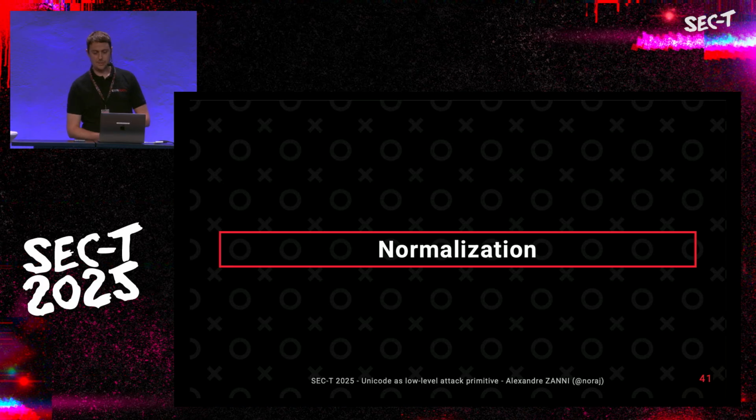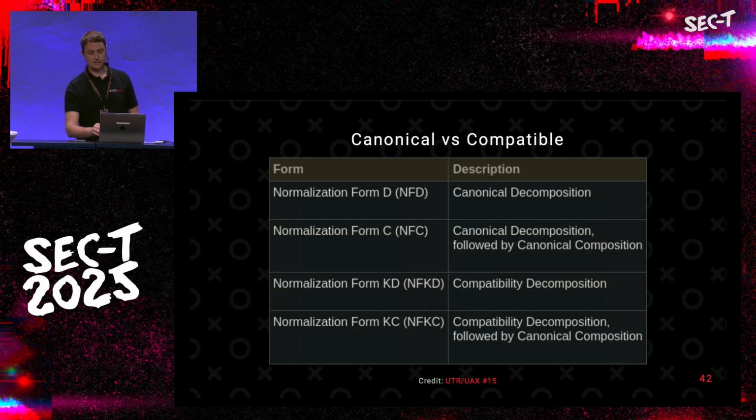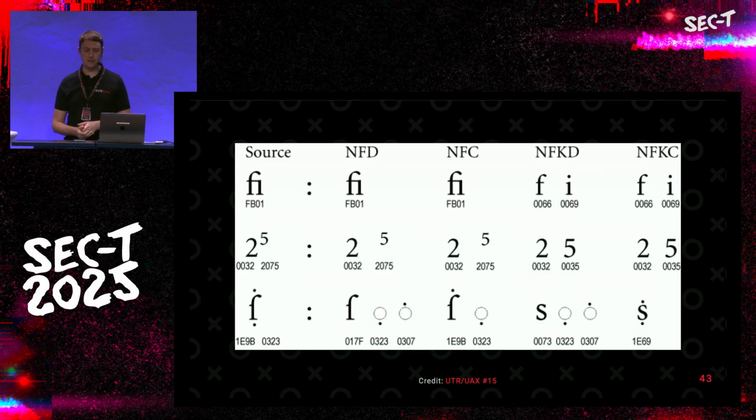So now let's talk about normalization. What you should maybe use instead of lowercase when you try to normalize something. There are actually 4 different types of normalization in Unicode. The first one is NFD. It will try to decompose complex characters into multiple ones. The NFC will do the same, but will try to recompose them after that.